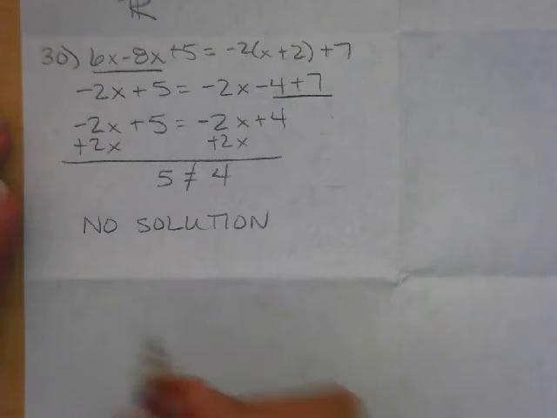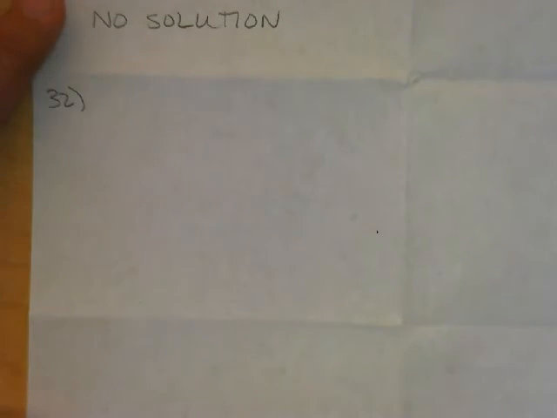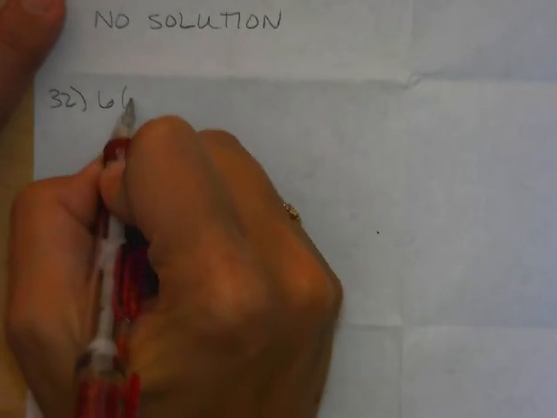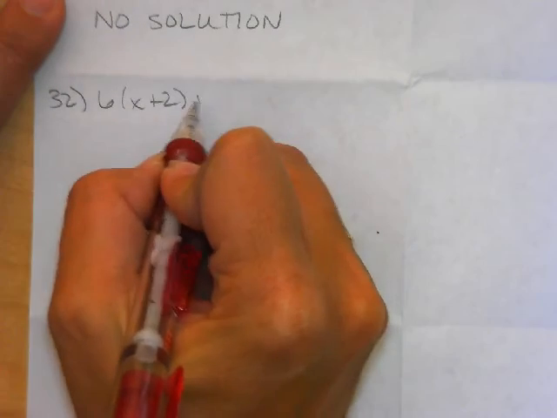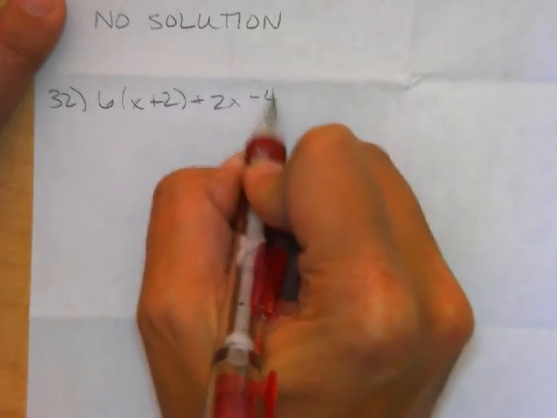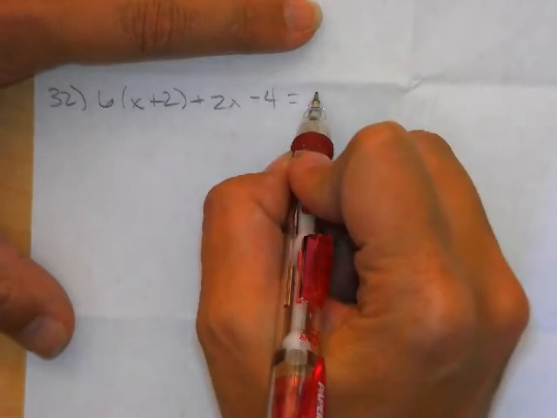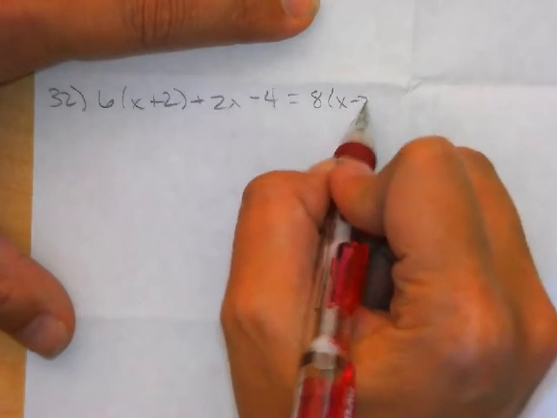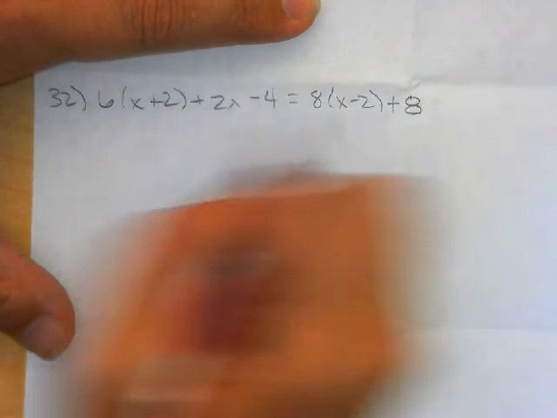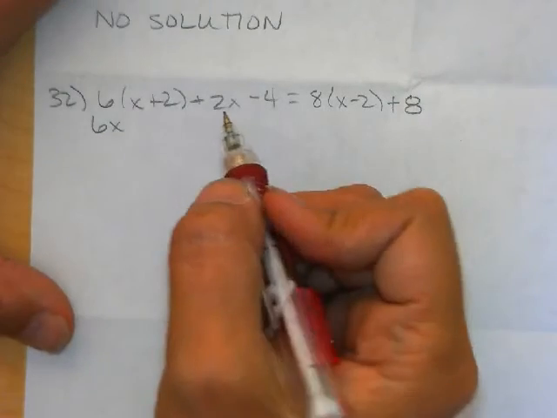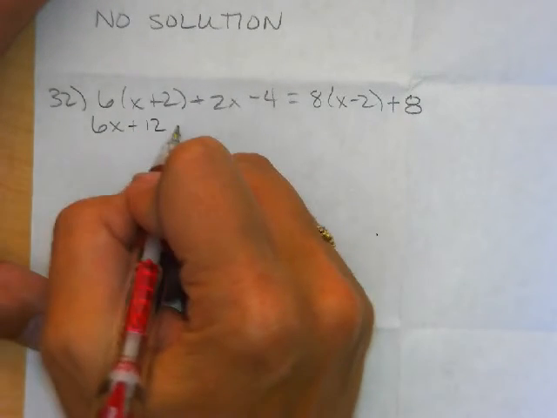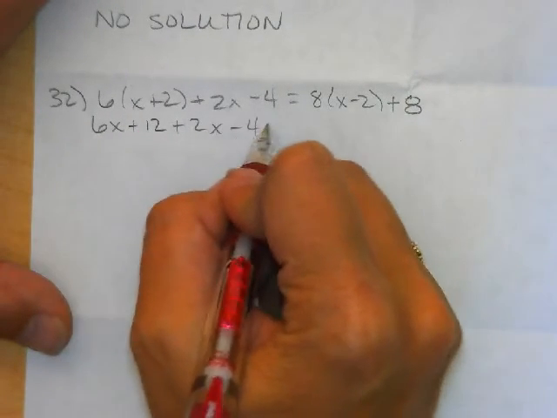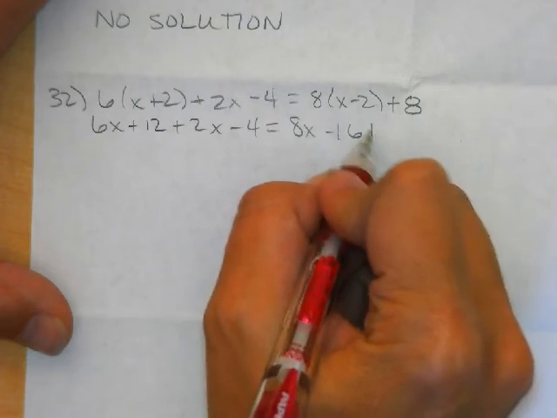32 says 6 times the quantity of x plus 2 plus 2x minus 4, so they're just getting longer and longer. 8x minus 2 plus 8. So we're distributing, all right, 6x plus 12 plus 2x minus 4 equals 8x minus 16 plus 8.